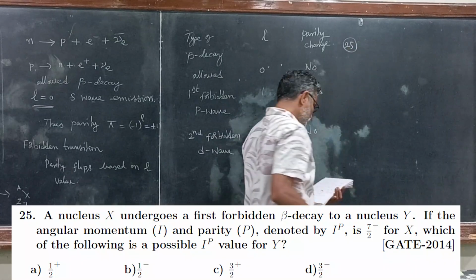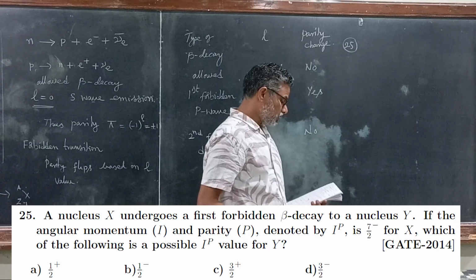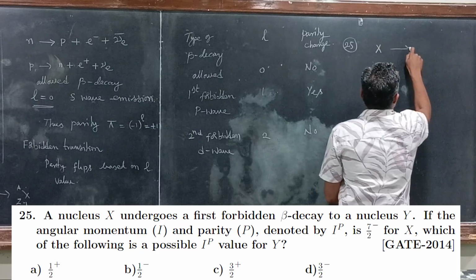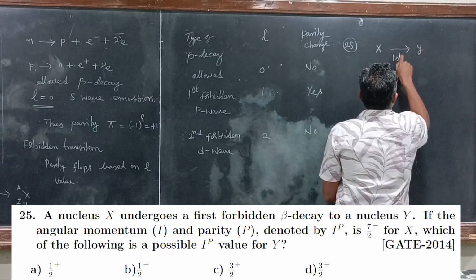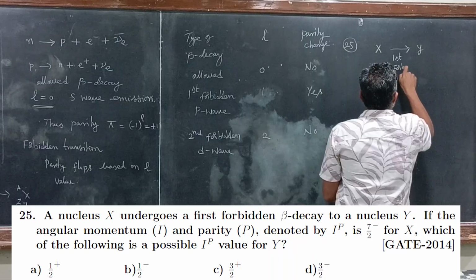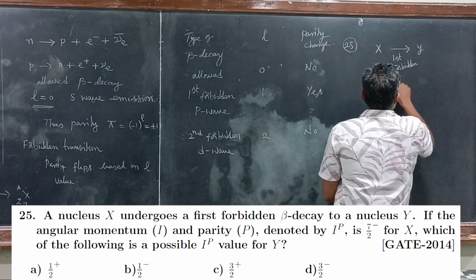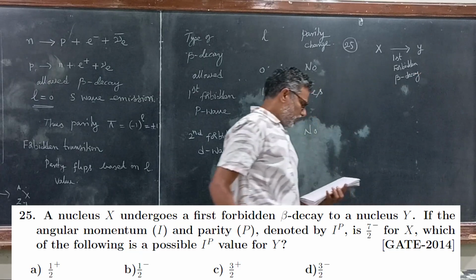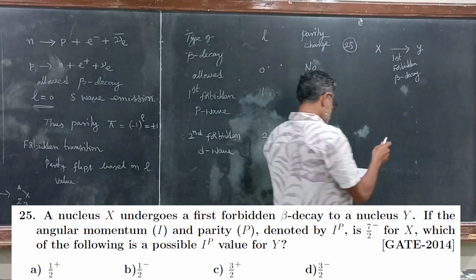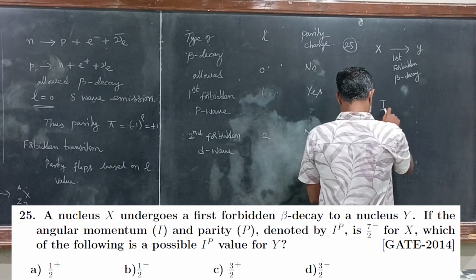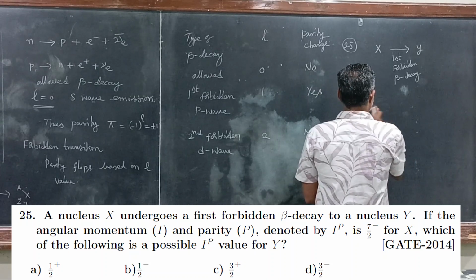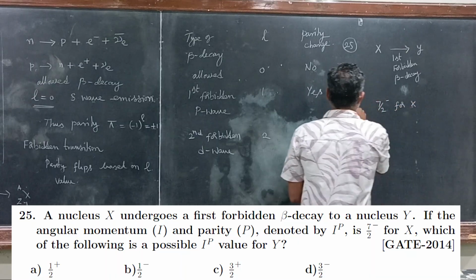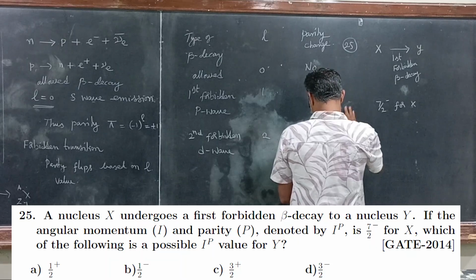So the 25th problem: the nucleus X undergoes a first forbidden beta decay to nucleus Y, so from X to Y by releasing first forbidden beta decay. The angular momentum and parity are given as 7 by 2 minus for X. That is J or I to the power of pi.